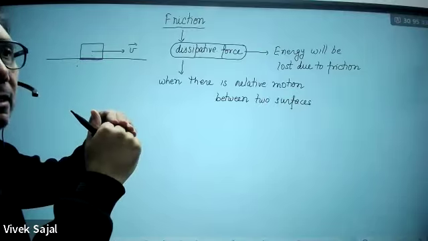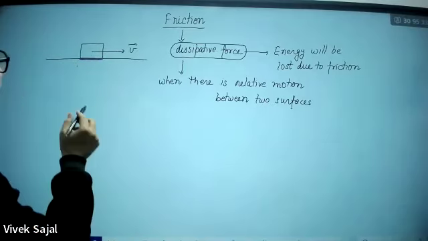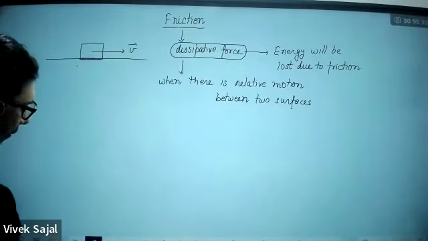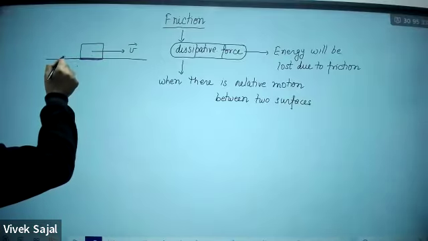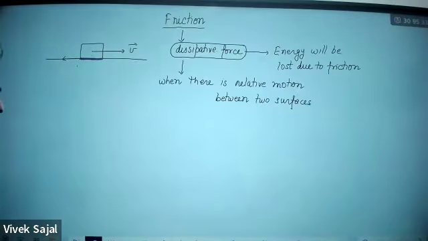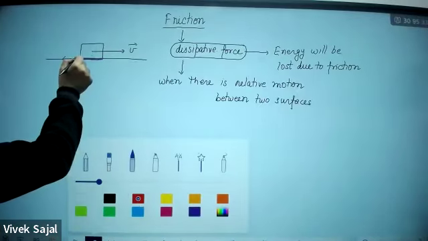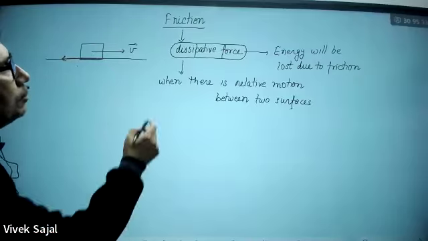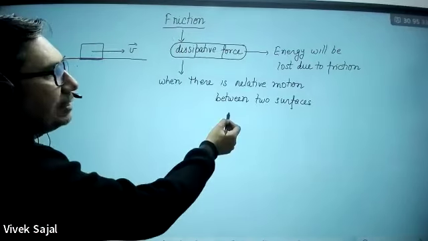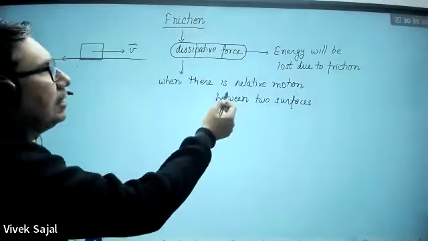So due to the relative motion between them, basically an opposing force, a resistive force, will act in this direction. That is going to oppose this relative motion. So this friction force always opposes the relative motion.